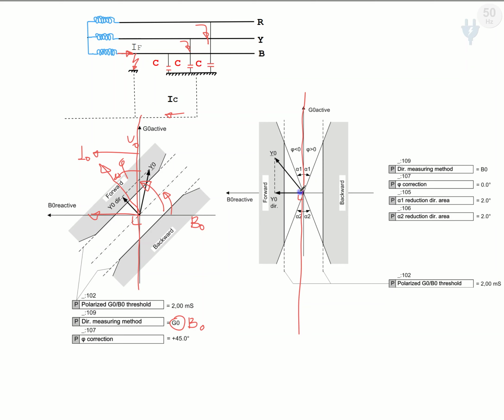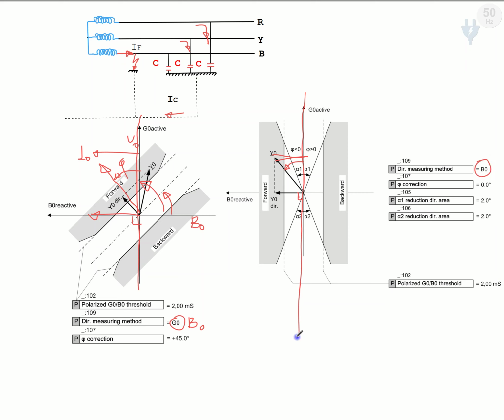This is for the fault current, for the fault direction determination. And here is that alpha, that angle which we discussed. This value is Y0 directional, about the sine, and instead of G0 we now use B0 as the measuring method.